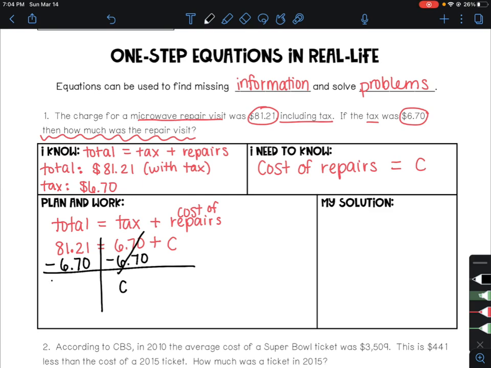If we do that, we get $74.51 equals C. So the cost of the repairs without tax is $74.51. If we were to add that $6.70 back on, we'd get back to our total that included the tax.